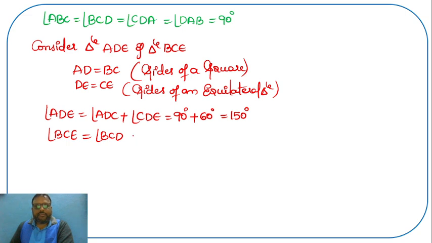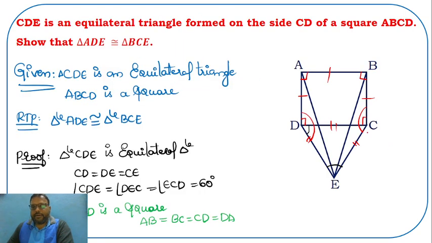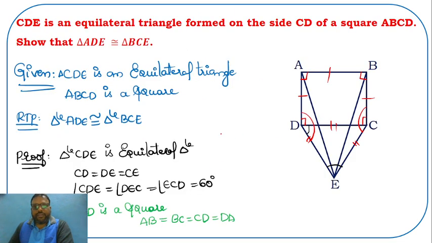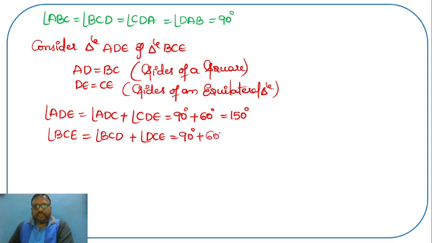BCD is the angle of the square, so 90 degrees, plus DCE is the angle of an equilateral triangle, so 60 degrees. So this also you got as 150 degrees. So therefore angle ADE is equal to angle BCE, right?